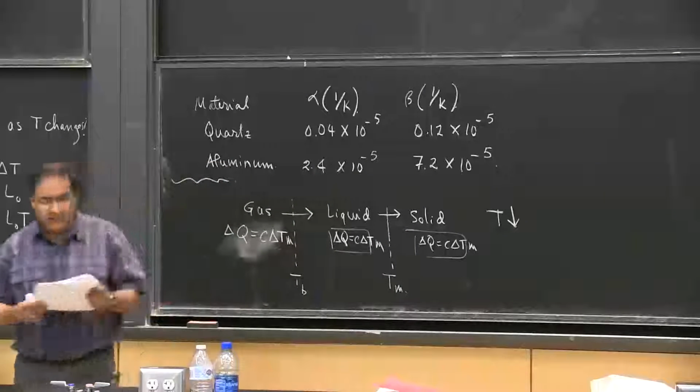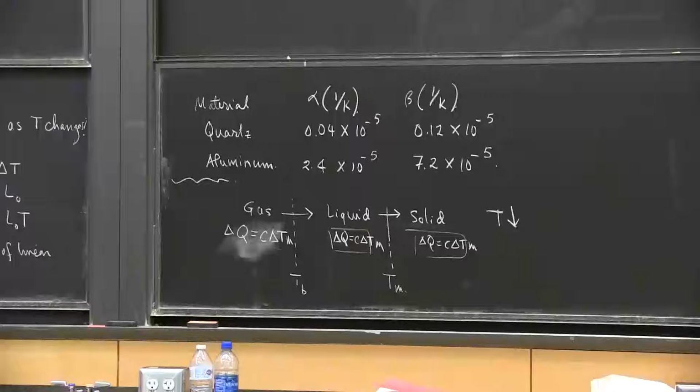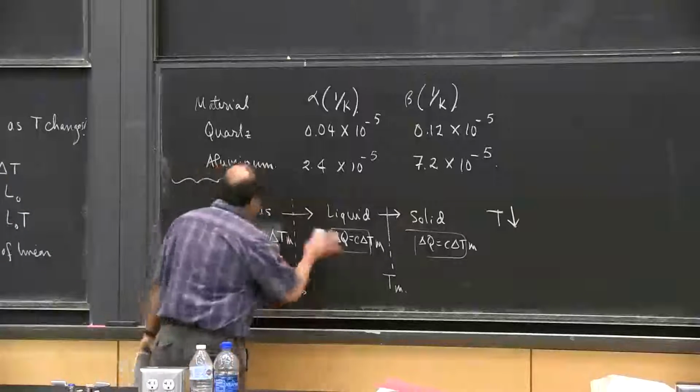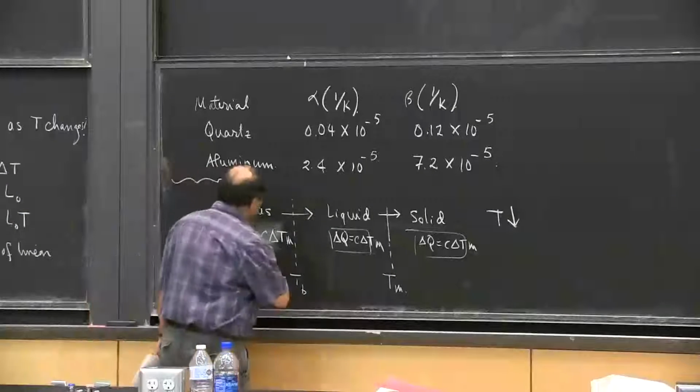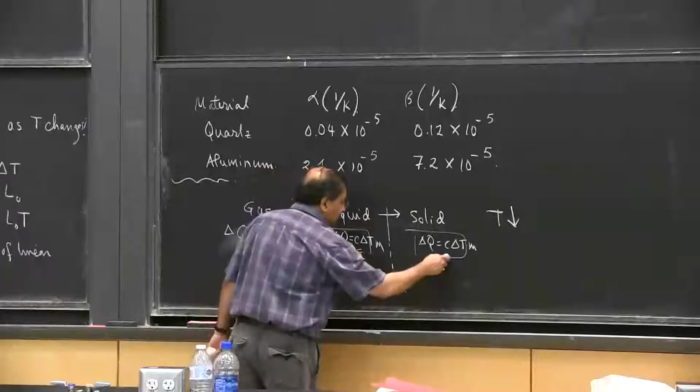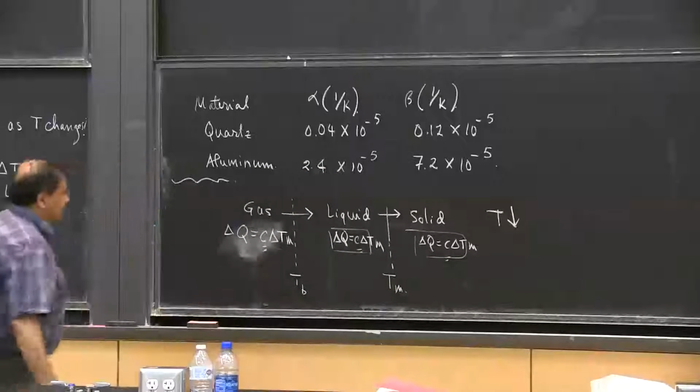That would be the amount of heat that the system would absorb or reject due to temperature change in any of these given phases. So this is something we can do. We can know the specific heat here, here, and here, and we can do such calculations.